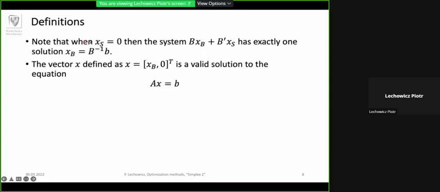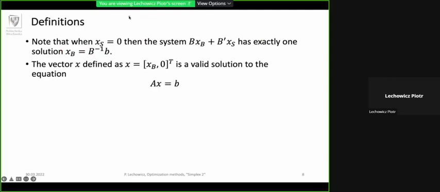So another thing which we should note is that when the free variables are equal to 0 in this system of equations, then such a system has exactly one solution. And this is this solution, right?